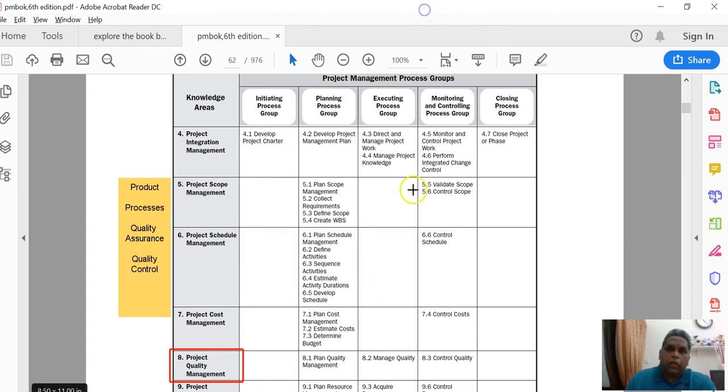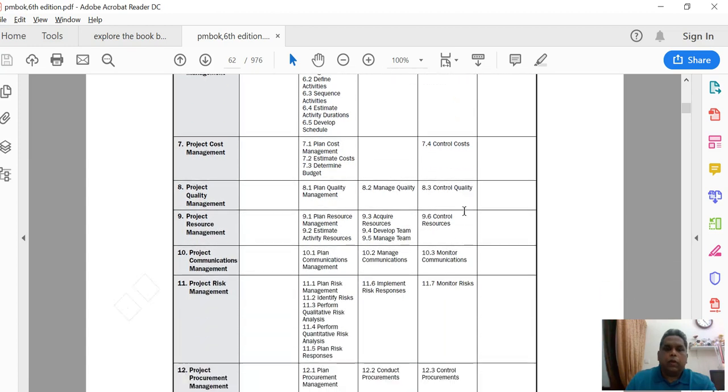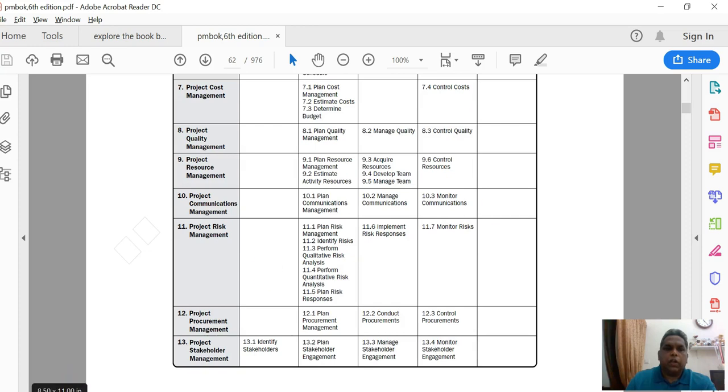Now, another area of knowledge that PMI has given is the area of knowledge called resource management. Let me scroll down. All right. Resource management is the next area of knowledge. Now, in the world of managing projects, it's important that we realize the availability of our resources.